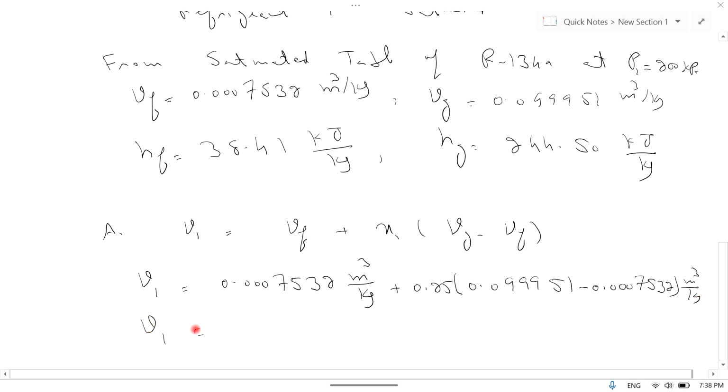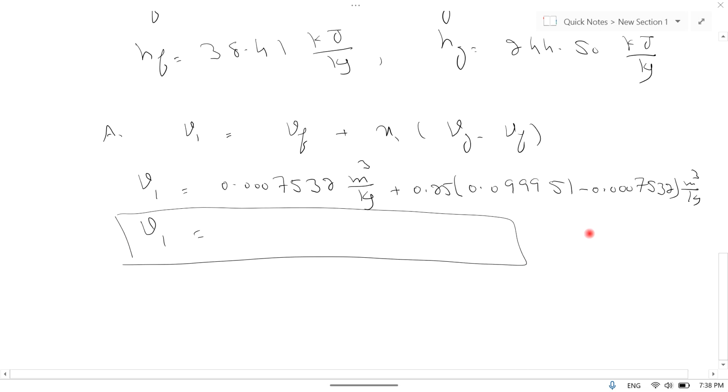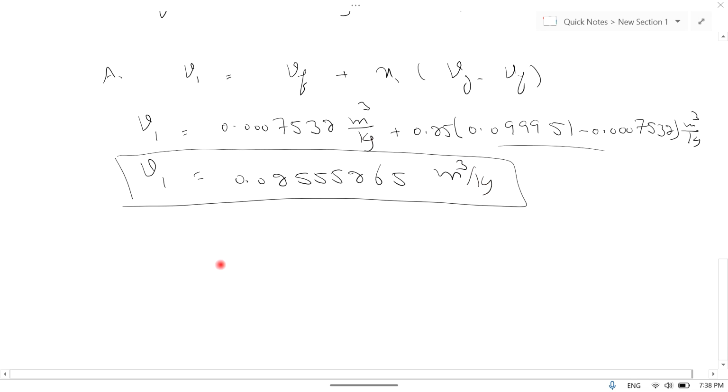Simplify this and find the value of v1. So v1 is equal to 0.02555 meter cube per kg, from the simplification of this.